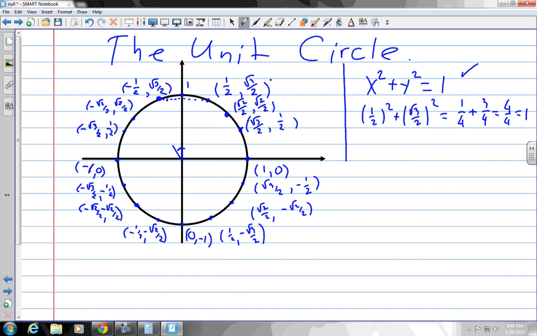Then this would be 120, 135, 150, 180, and then this is 210, and this is 225, and whatever that is, 240 maybe, and this is 270 degrees. So each one of those points will correspond to a certain degree measure.